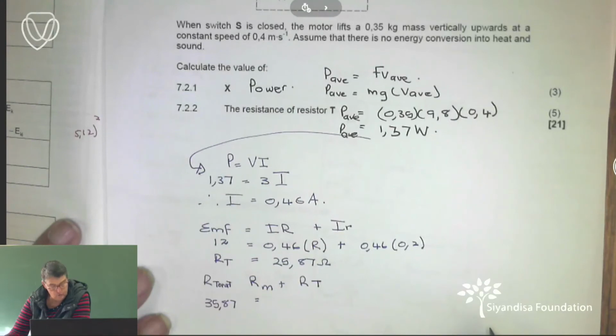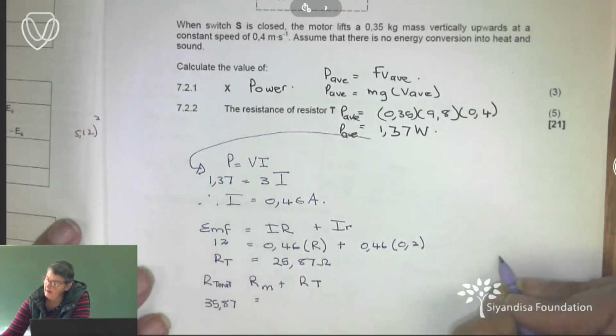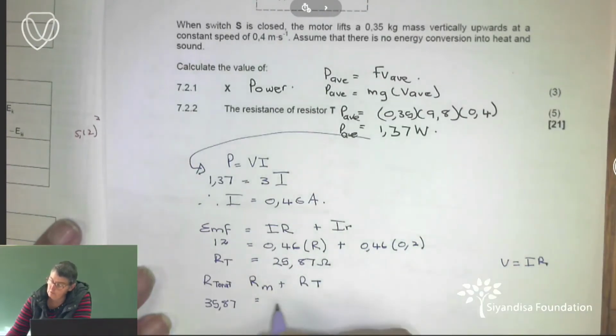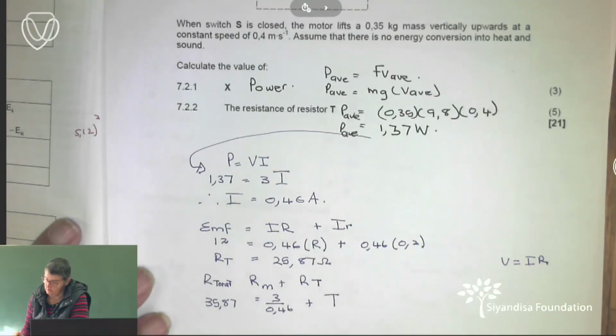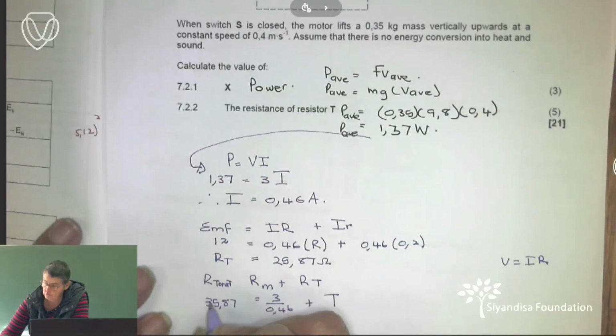I'd have to go back to my formula where V is equal to IR. So R is going to be equal to V over I, which is going to give me 3 divided by 0.46, plus my total resistance over there. Let's quickly see if we can work this out. So it becomes, oops, sorry, there's a mistake here. Please take note.